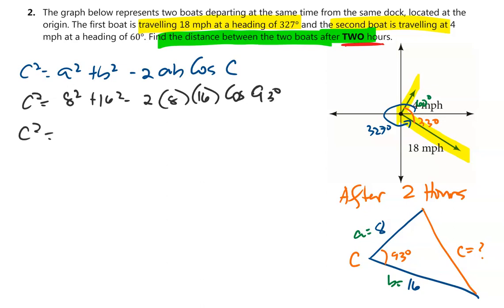C squared is equal to 64 plus 16 squared, 256, minus 2 times 8 times 16 is 256 cosine of 93 degrees.